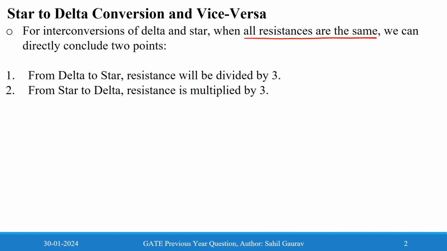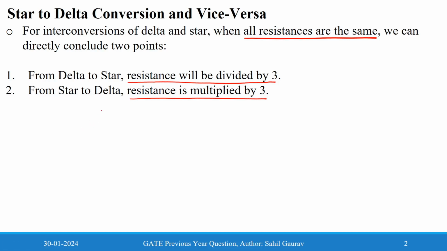From delta to star, resistance will be divided by 3, and from star to delta, resistance will be multiplied by 3. Let us prove this point.